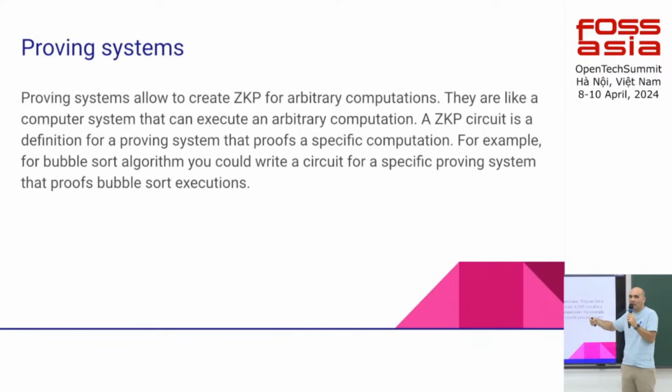Perhaps, if I don't want to, without revealing the sorted array or the intermediate values. Or for example, for a Sudoku, using the proving system, I can create a protocol where you give me an unsolved Sudoku, and I can prove to you that I have found the solution without revealing all the numbers in the Sudoku.